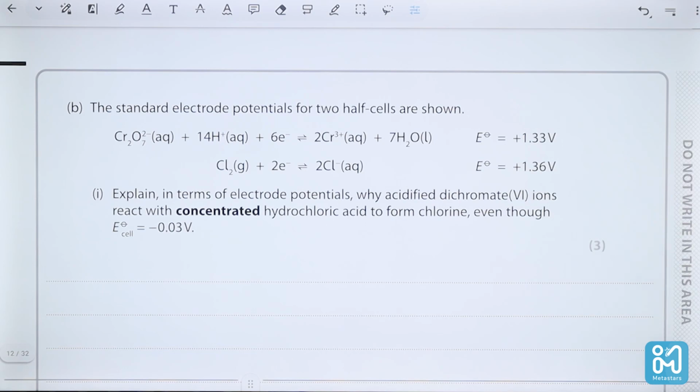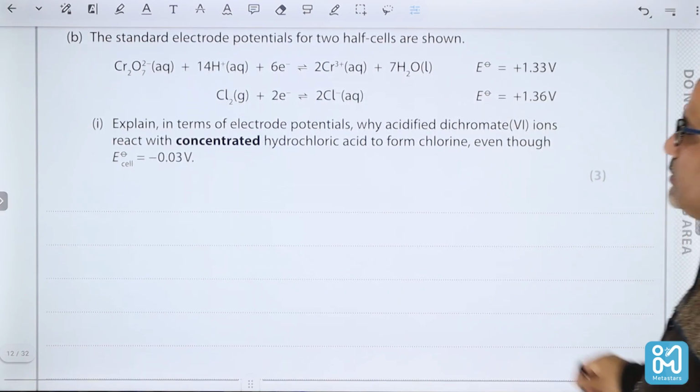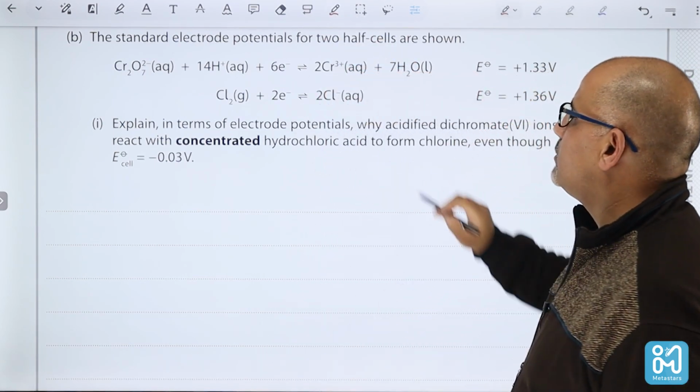Explain in terms of the electrode potential why the acidified dichromate ion reacts with concentrated hydrochloric acid to form chlorine, even though the E cell is negative 0.03 volts. You have 3 marks for this question, and this is an abnormal idea.